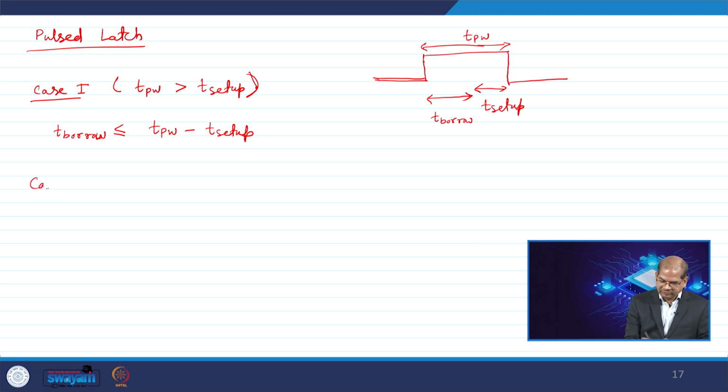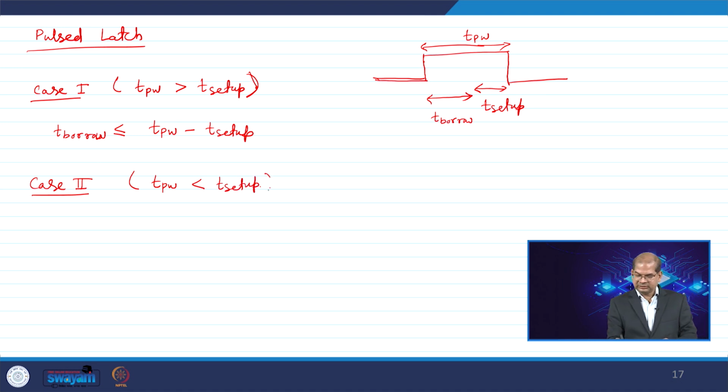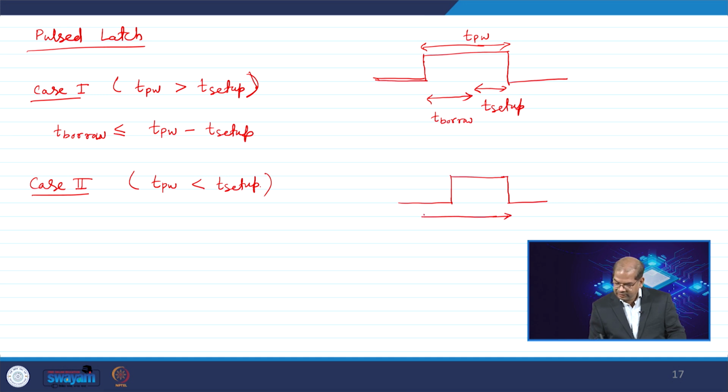Case 2 is when my T pulse width is less than T setup. In that case, your data should be stable before the rising edge of the pulse. Let us say I have a pulse width here and the setup time of the latch is more than the pulse width.